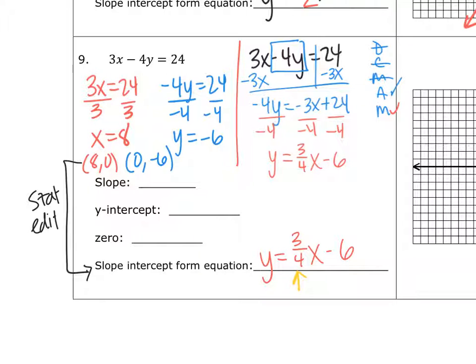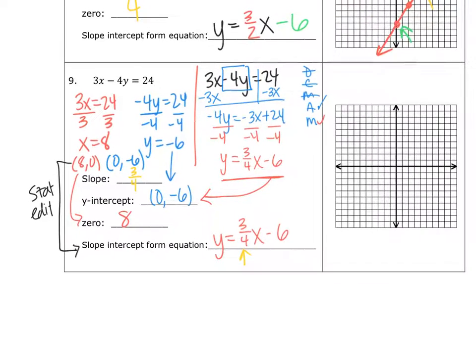So from my equation, no matter which way you got it, your slope is 3/4. Your y-intercept, if you solved by hand, was (0, -6), and your zero was 8. If you solved this by hand, your b value is your y-intercept, and you would have to graph in order to see the zero.